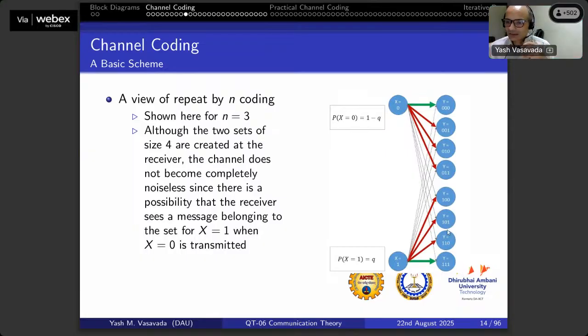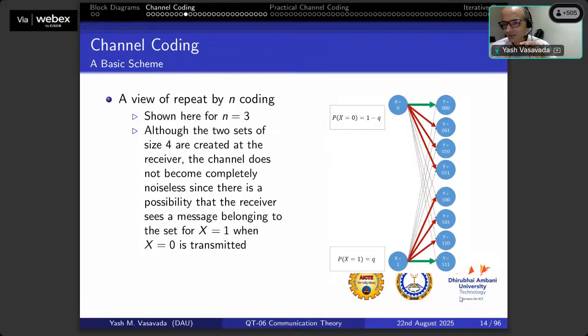But there is still some chance, not 0, but some chance that we transmit 0 as 0, 0, 0, and the BSC will corrupt it and make it 1, 0, 0 or 1, 0, 1, 1, 1, 0, meaning it will corrupt 2 out of those 3 bits. Or in the worst case, maybe all 3 bits.